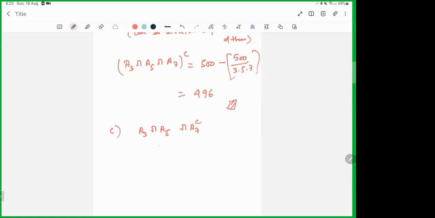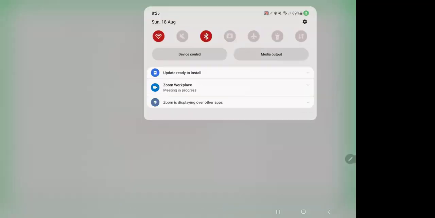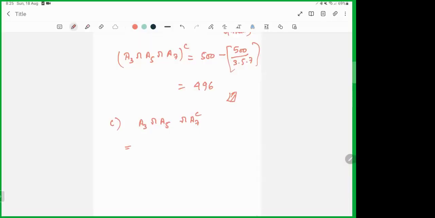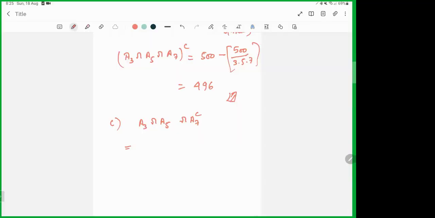Same thing, you can do the same calculation, right? Am I audible? Yes, sir. Okay. So you can see, how to do this is the same calculation basically. You have to do cardinality of A3 plus cardinality of A5 plus cardinality of A7 complement.